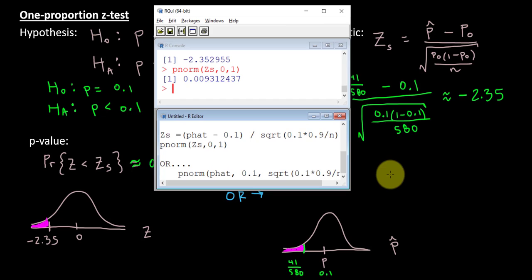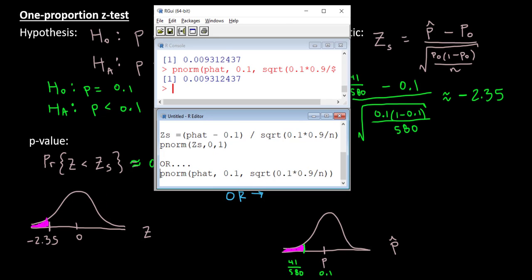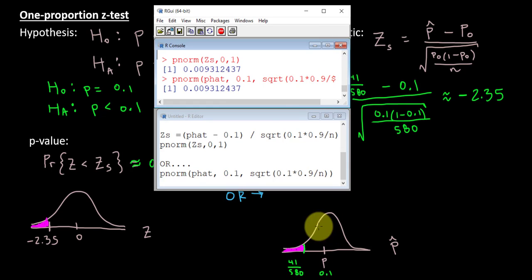So let's run this and anticipate that the result of this pnorm should be the same as our previous 0.009. Indeed, there it is. So two interpretations there to get the probability of observing a result from our sample, like was observed, or something more extreme, under the assumption that the population proportion is 0.1.